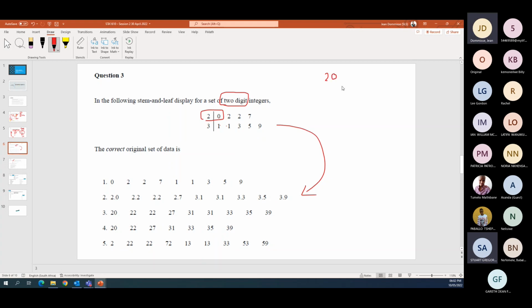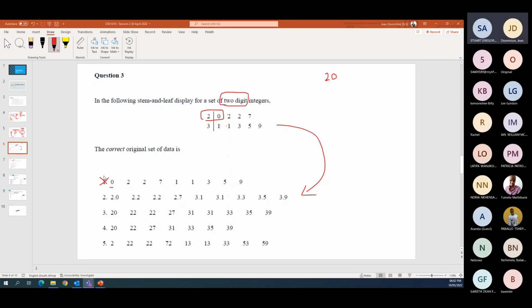Okay, so we know that the first value is 20. So even before we do anything else, when we look at the first option, what they've done is to write 022711359. So we know that that one is incorrect because your first value should be 20.